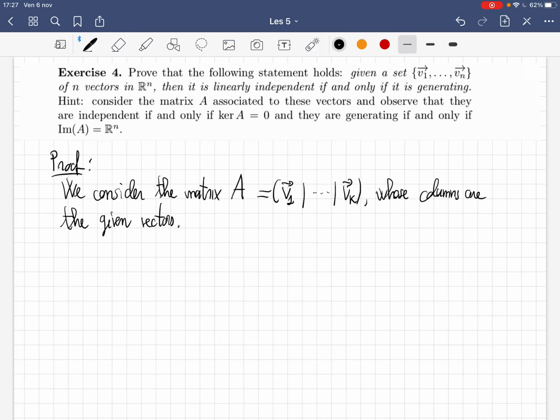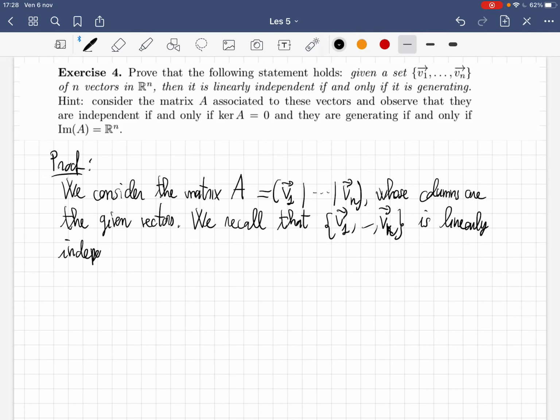We recall that, well, k is equal to n here. The vectors are linearly independent if the kernel of A is equal to 0.